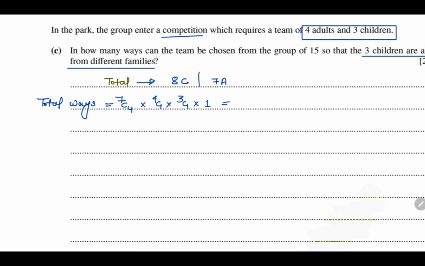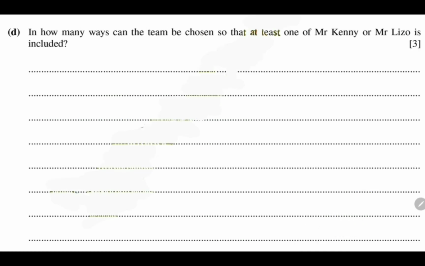Let's move to the next question. Have a look at this question. In how many ways can the team be chosen so that at least one of Mr. Kenny, Mr. Lizzo is included? At least one of them is included. So we have three possibilities.